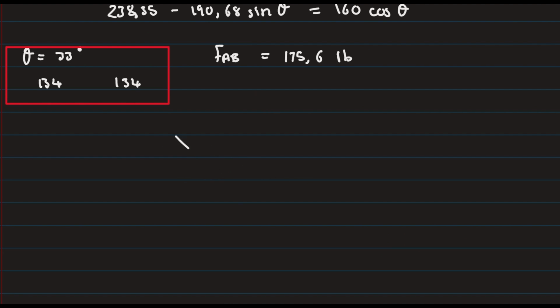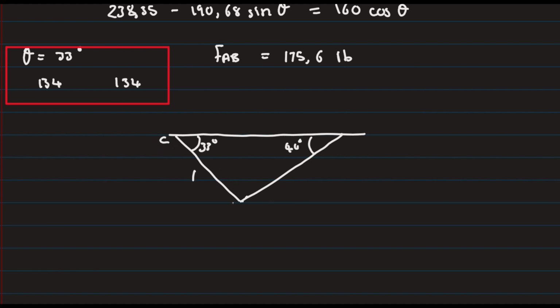We have length AC and AB, so we have something like this, and then we have the angle here, theta, which is 33. We can just write 33 there, and then we have angle 40 degrees over there, and then we have L. So this is C, A, and B, and here we have 2 feet.